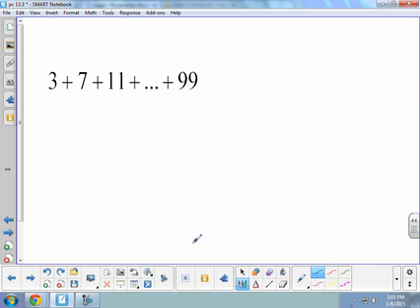All right, on this one, they're telling us that we're going from 3 plus 7 plus 11 plus, it keeps going on and on until you get to the number 99. I look at that and right away I can tell that this is arithmetic and that my d is 4. Before we figure out the formula, we have to figure out how many terms there are.